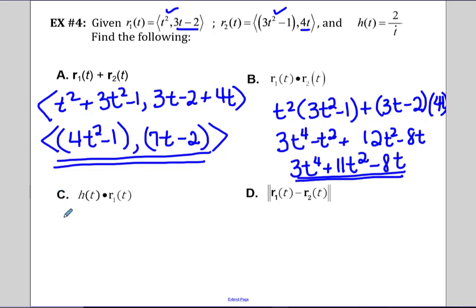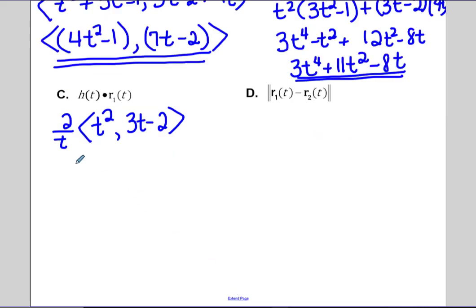And then h of t is 2 over t, and we're dotting that with the r sub 1 of t, which is t squared, and then 3t minus 2. So dotting that together, we have 2t squared divided by t, so that's 2t, and then 3t times 2 over t, so that would be 6 minus 4 over t.